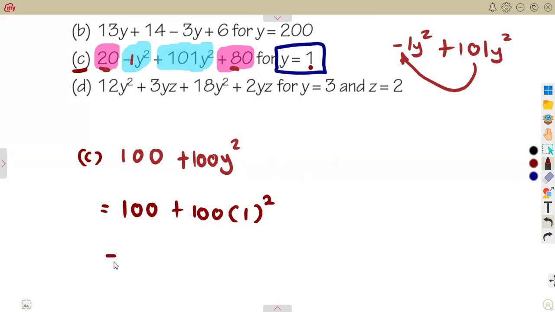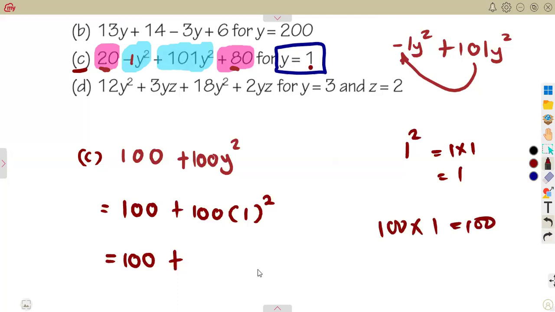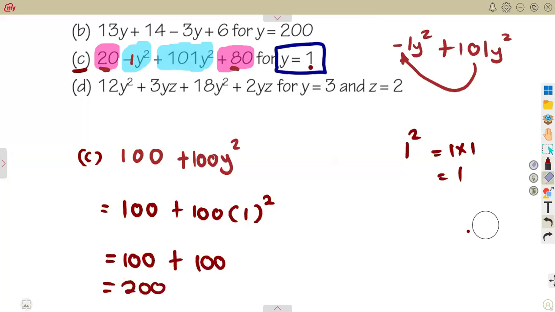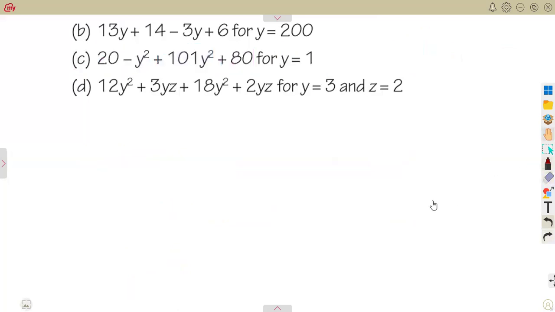So that is 100 plus 1 squared is 1 times 1, which is the same as 1. So at the end, we are going to have 100 times a 1, which is a 100. So if you add this, that will be a 200. 100 plus 100, that is a 200, or just substitute like this. Use your calculator to simplify the answer.